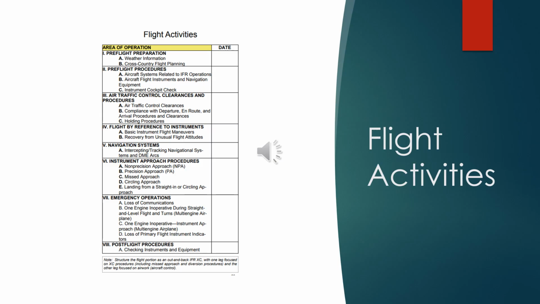So what are some of the flight activities? There's going to be a bunch of them, and all of these are included. This graphic actually comes from the IPC guidance document.